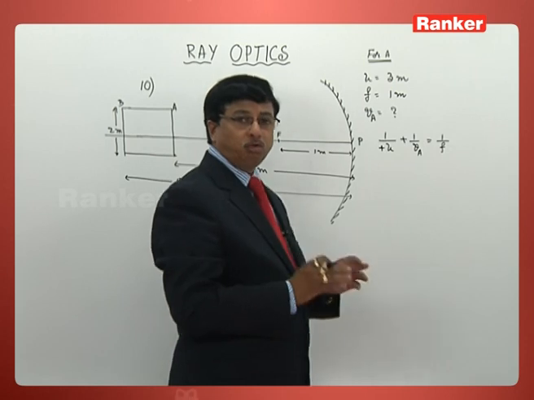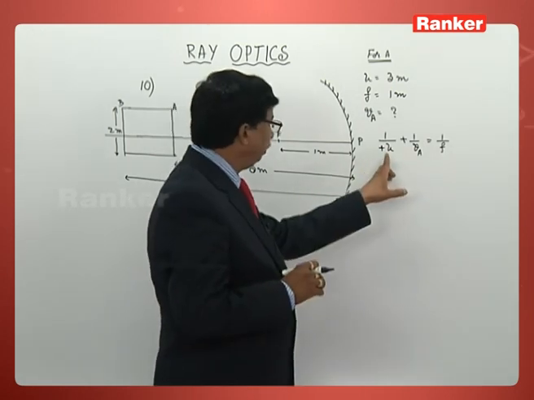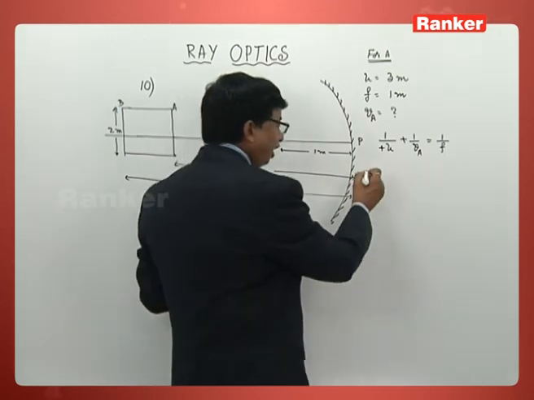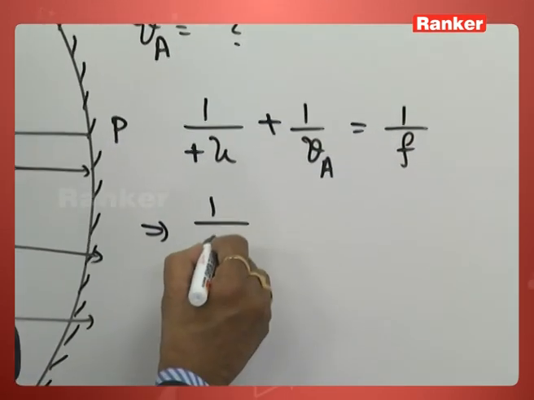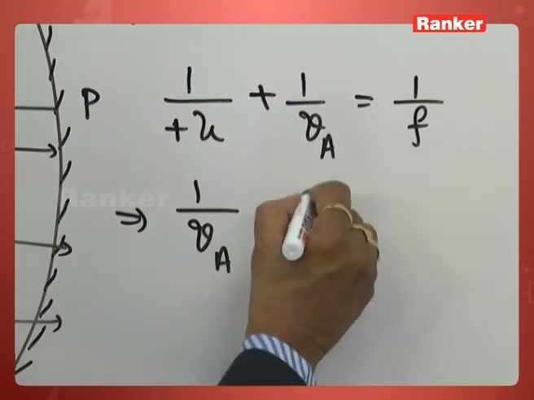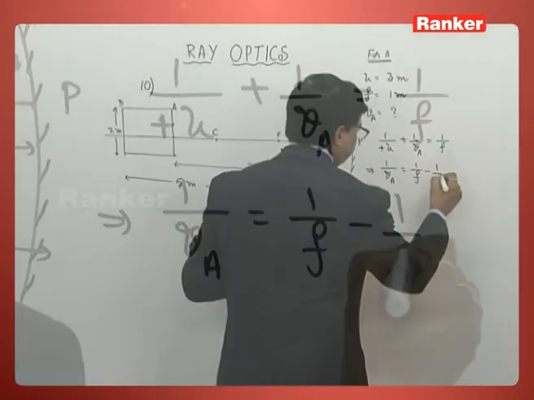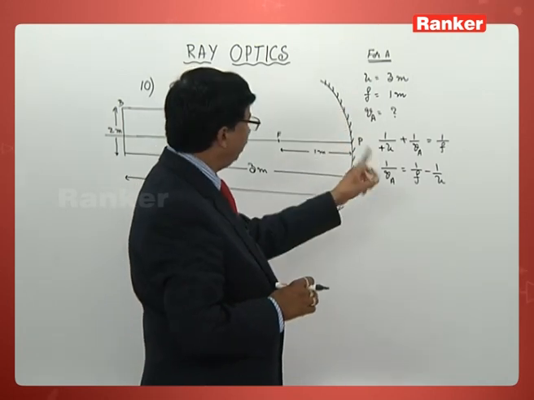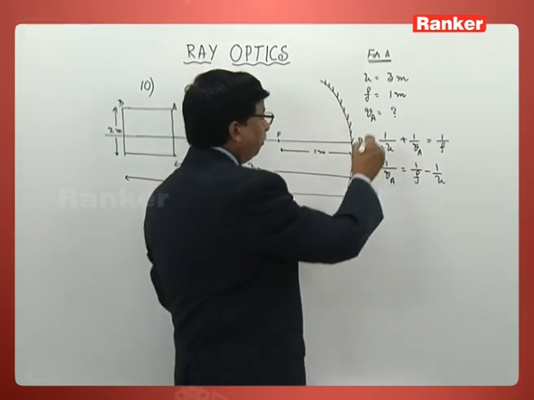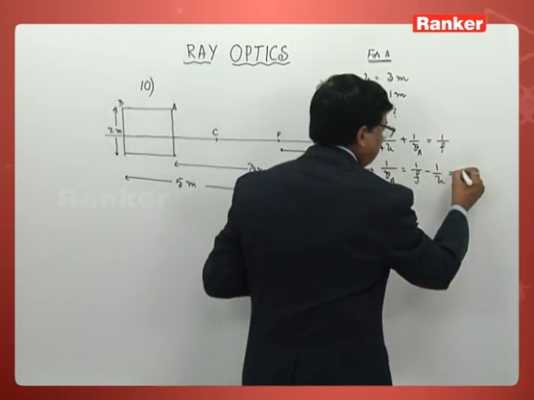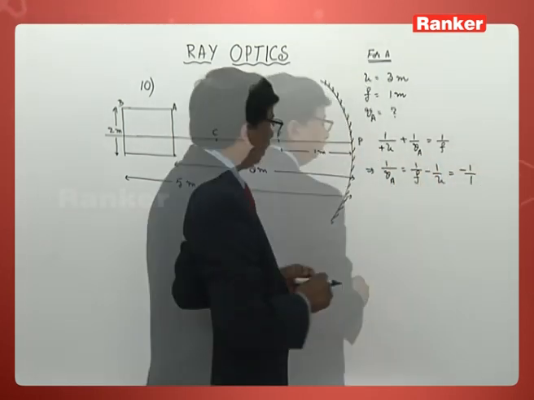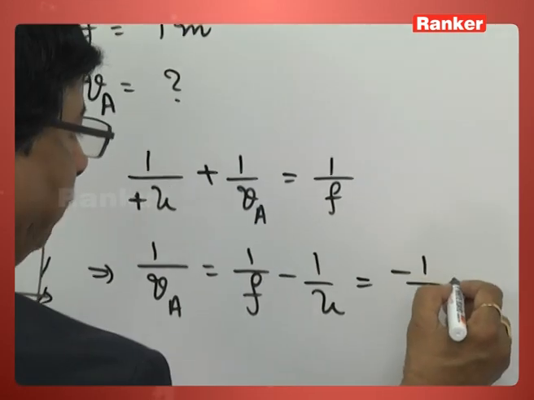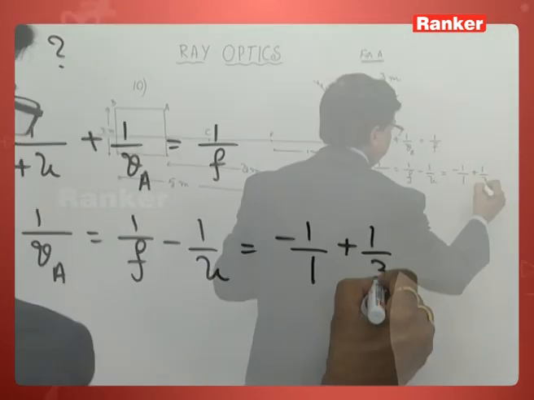We know according to the mirror formula, 1 by U plus 1 by V is equal to 1 by F. I now write this one, 1 by VA is 1 by F minus 1 by U. But we know pretty well F is given 1 and U is given 3, but we have to write this is minus 1 by 1. And this one is to be taken minus 3, minus of minus, that now becomes plus 1 by 3.